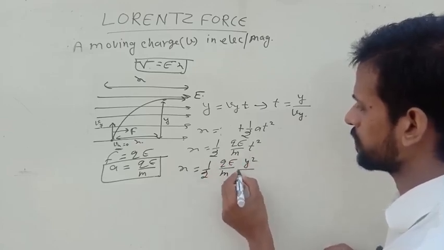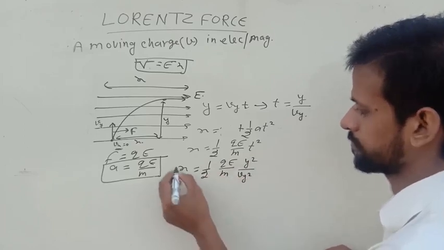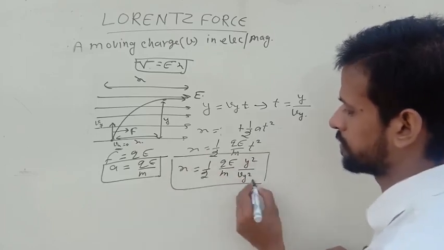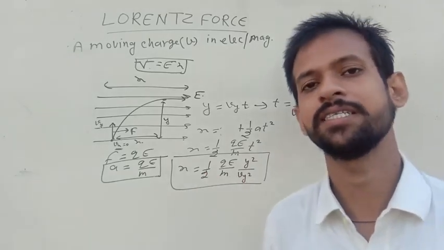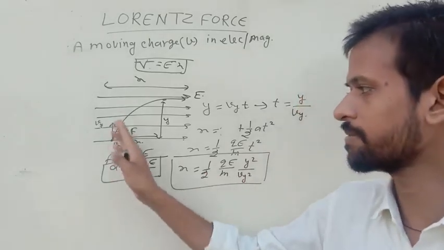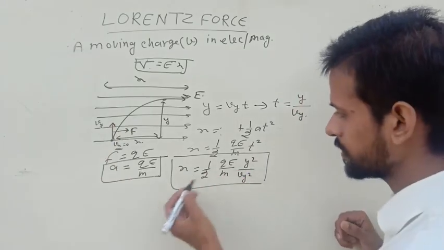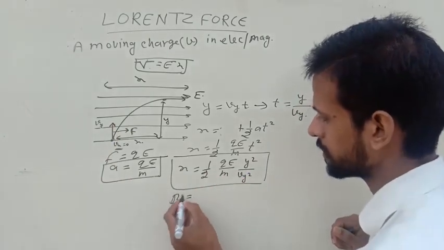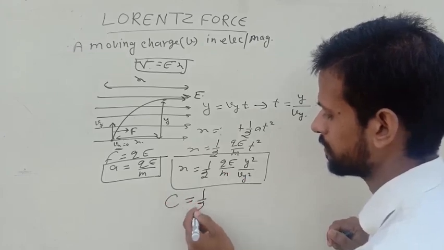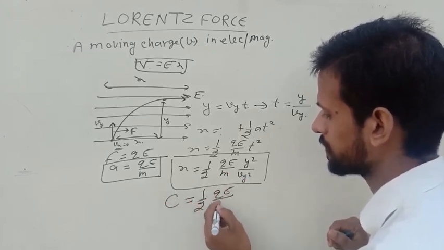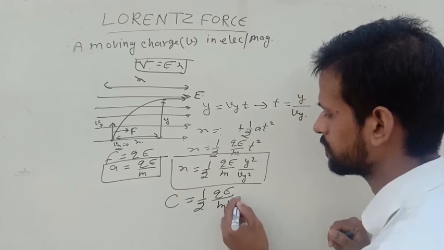We can write t is equal to y upon Vy. So x is equal to 1 by 2 QE by m into y square upon Vy square. Vy is basically the initial velocity, whatever it may be, so this term is constant, and we write any constant capital C is 1 by 2 QE by m upon Vy square.